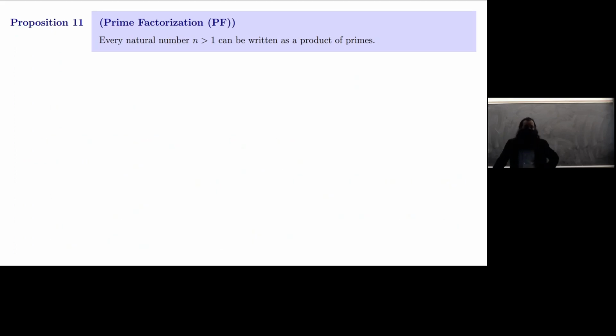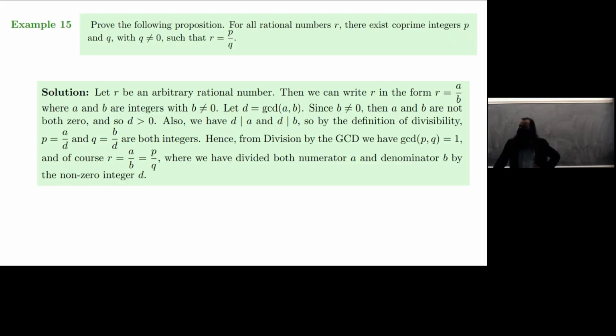That's the prime factorization theorem. But this one, let's see how we prove it. So if R is an arbitrary rational number, then we can write R in the form A over B. We still don't know that A and B are coprime. So let's let their GCD be D. We don't know that D equals 1, but we're just going to let it be anything arbitrary.